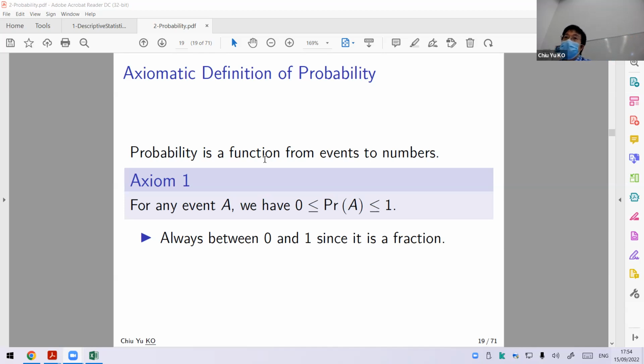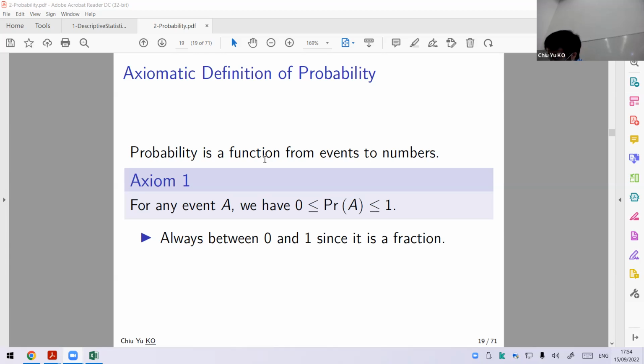Everything is built from axioms, and then we derive from axioms. An axiom is something we don't try to prove, we just take it as given. You learned geometry: Euclidean geometry starts from 5 axioms, and you build everything in geometry from them. Probability is like this: we start from some assumptions, which we call axioms. We don't prove them, and then we go ahead.